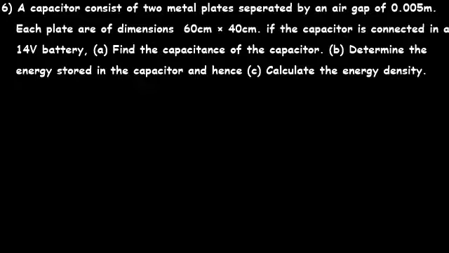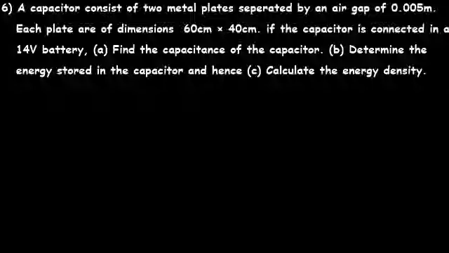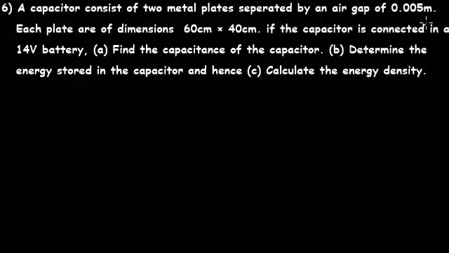It's a dimension, connecting the length, breadth, and height of a certain shape. Continuation: if the capacitor is connected to a 14-volt battery. Option A. Find the capacitance of the capacitor.